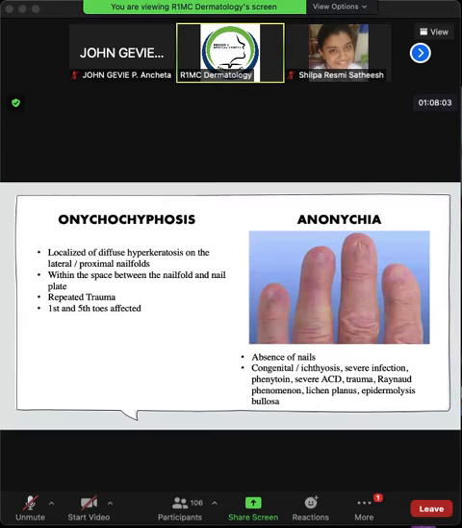Also, it can be caused by your Raynaud phenomenon, your lichen planus, your EB, or your epidermolysis bullosa, and severe exfoliative diseases. So, in patients with SJS or your Stevens-Johnson syndrome, a permanent anonychia has been reported as a complication.